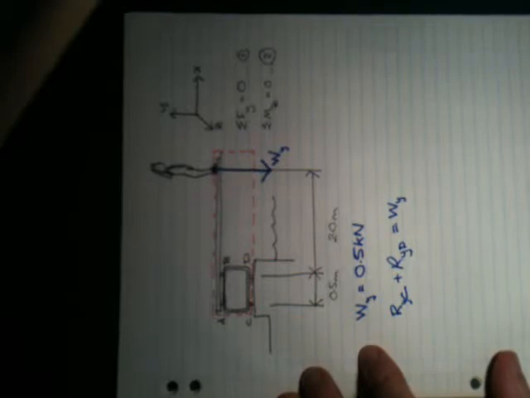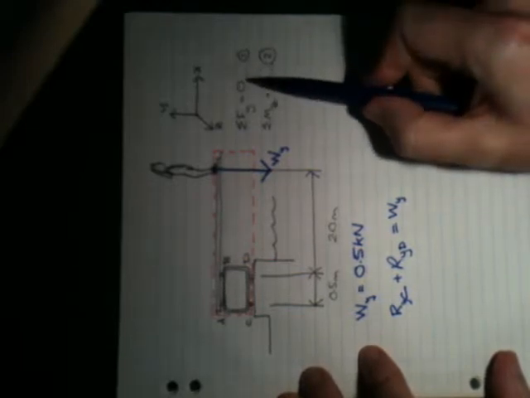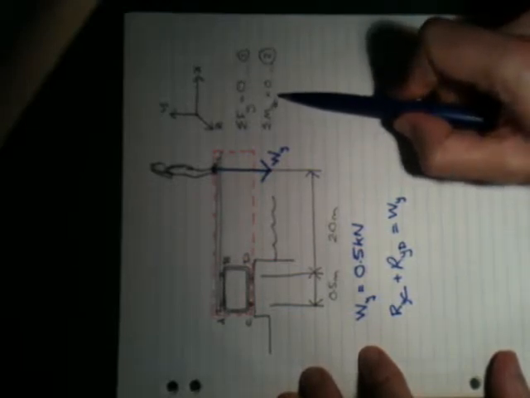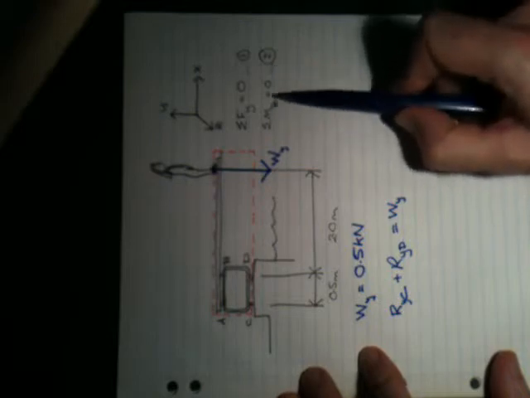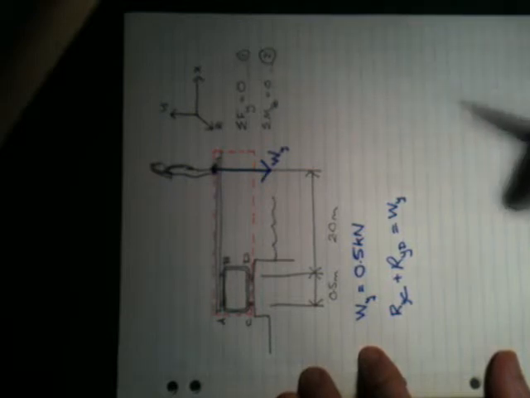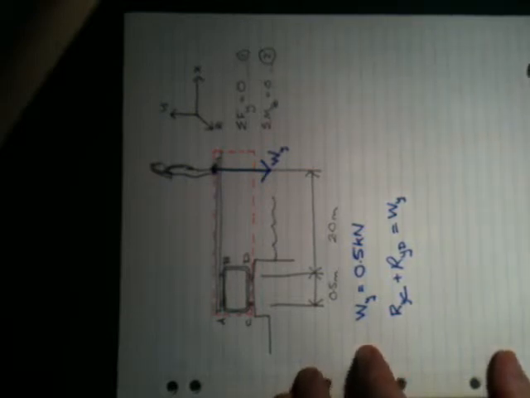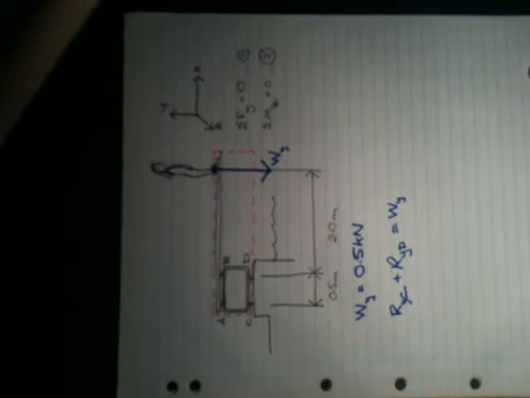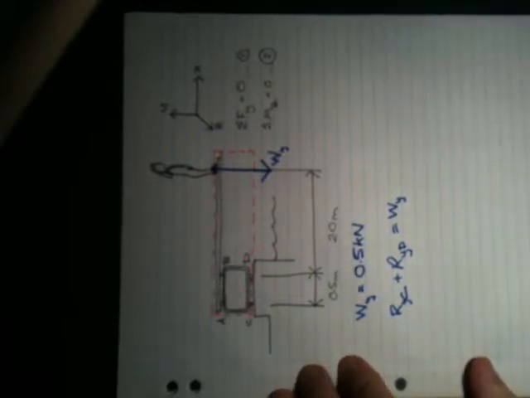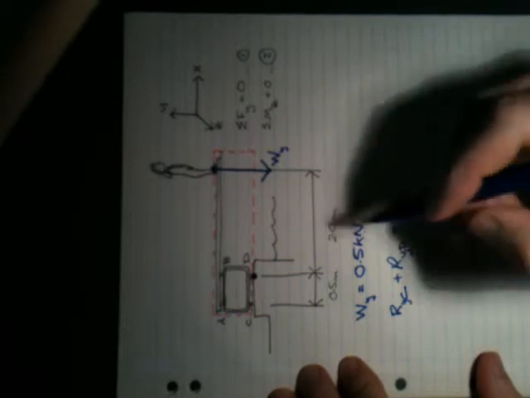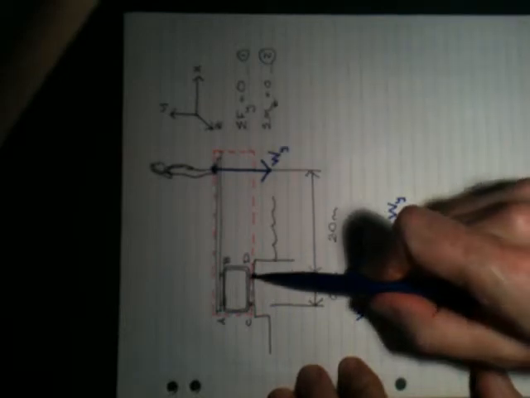So we need another equation, and to do that we need to write an equation concerning the second known equilibrium, which is that the sum of the moments about Z is equal to 0. Now there are two ways to do this, and I would encourage students to take moments about both point C and point D. I'm going to take moments about D. Okay, I'll put a little pin here, and I'm going to write equilibrium equations about that point.